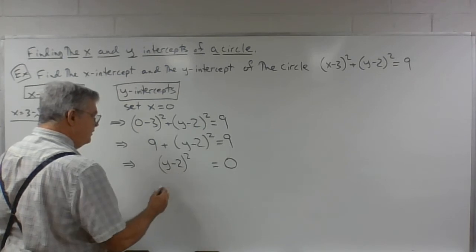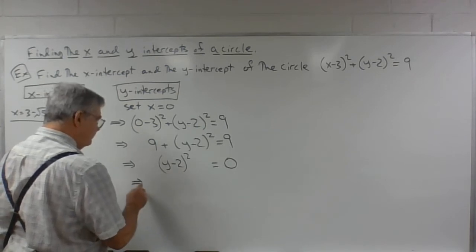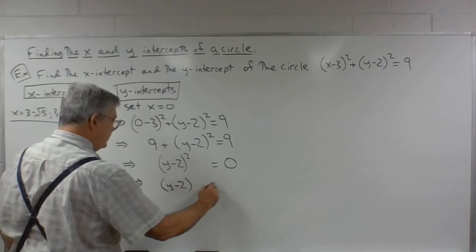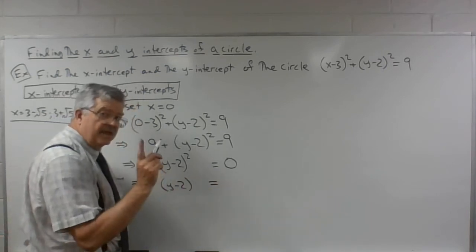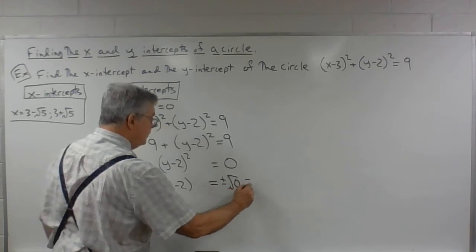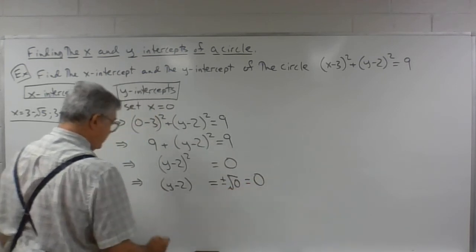Another way we could do this, I guess we could do the square roots, couldn't we? And we get y minus 2 equals, trivially, plus or minus the square root of 0, but that's just 0.